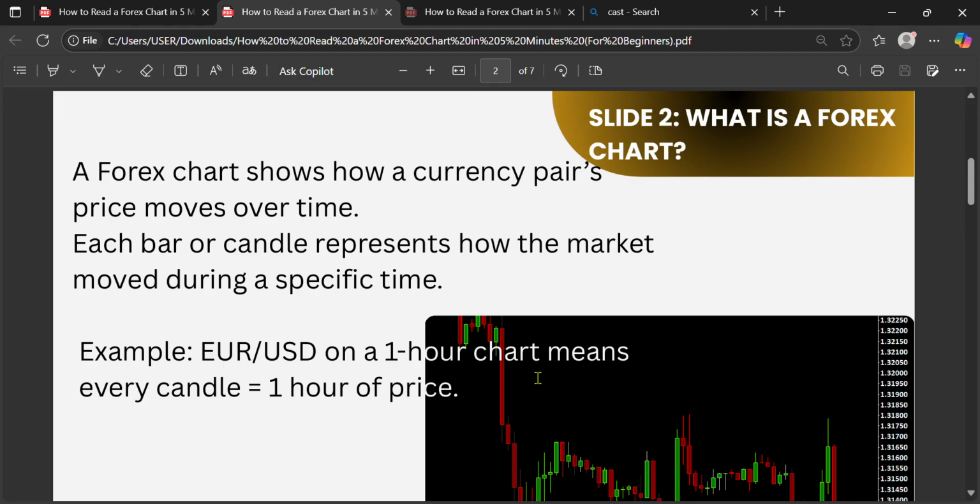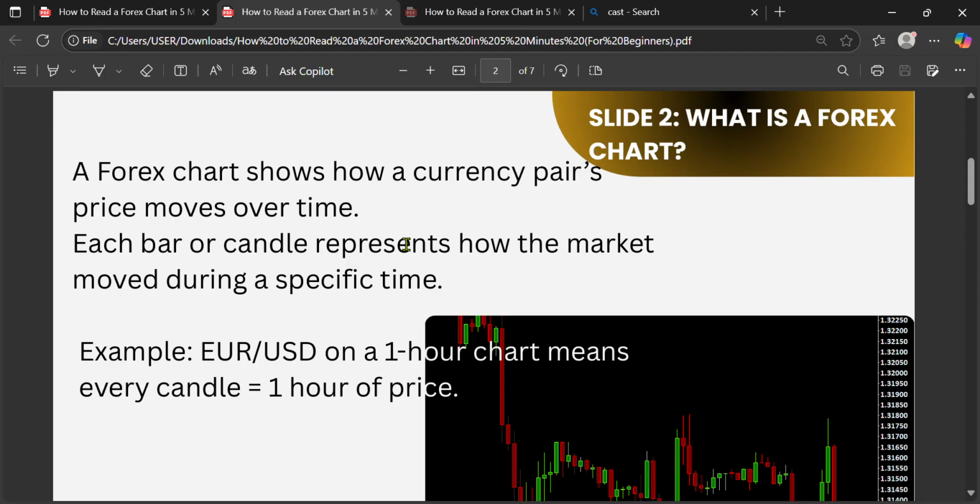When you go to each time frame, every candle represents that particular time frame that you are in, maybe 5 minutes, maybe 1 minute. So that is a forex chart.